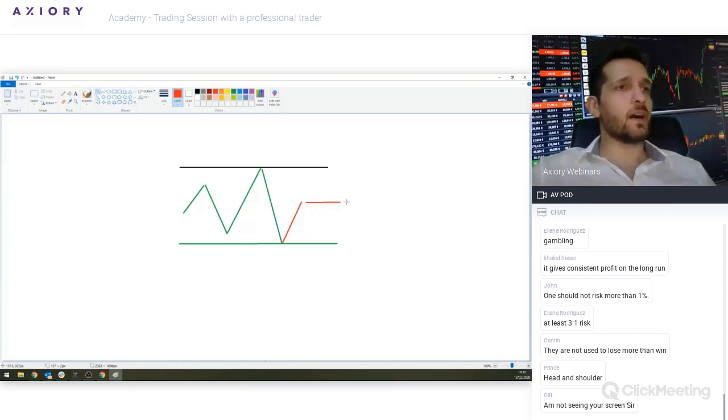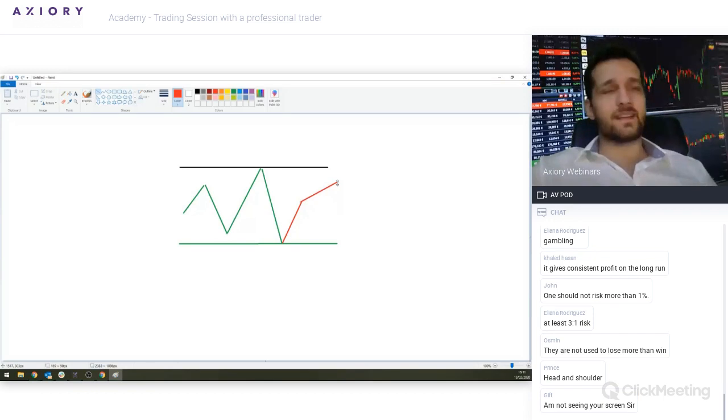So when you buy, you are going for this and risking this. When you sell, you're going for this and risking this, which makes absolutely no sense because you are giving away this what you can earn.